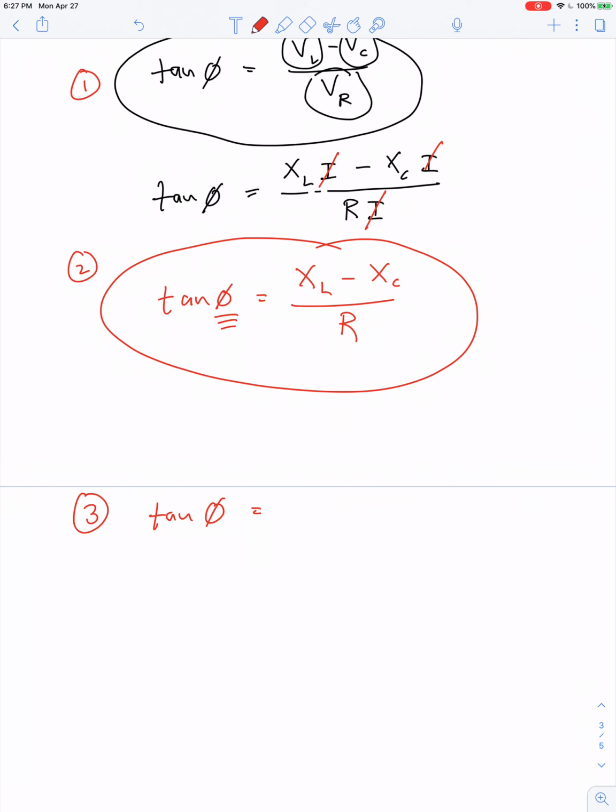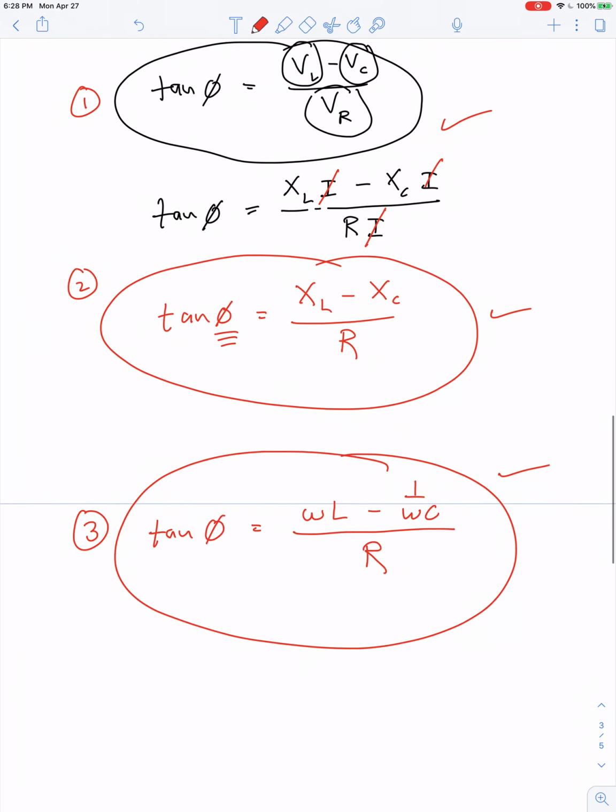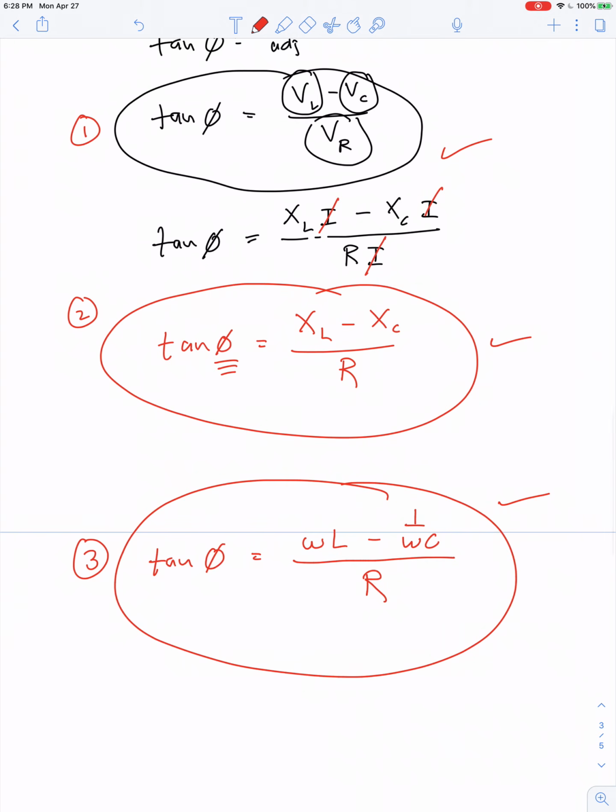Tangent phi is equal to omega L minus 1 over omega C all divided by R. All three of these are equivalent. It just depends on what information exactly you're given in some particular problem. In the next lessons, we'll try to give some numerical examples of how we can put all these formulas together that describe the behavior of the LRC series circuit.